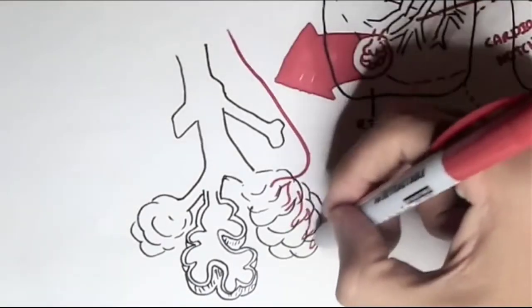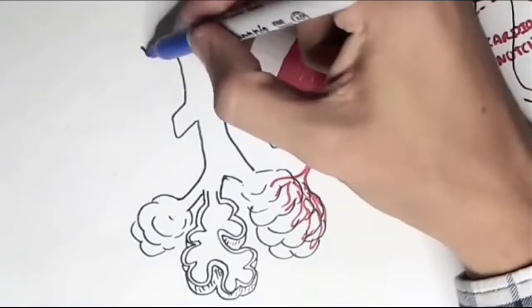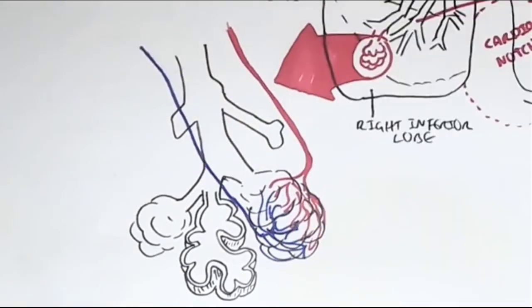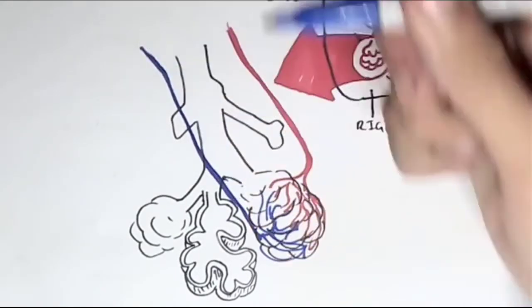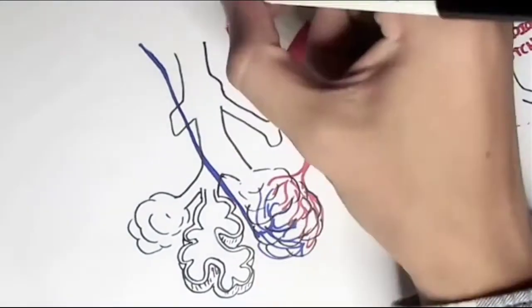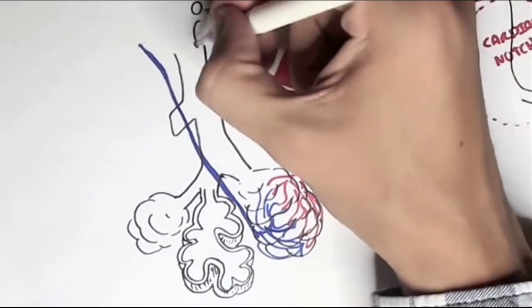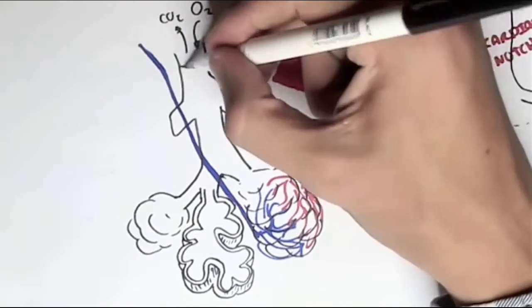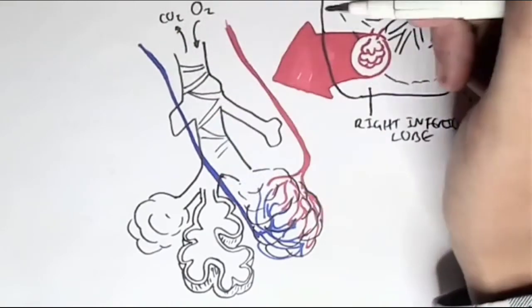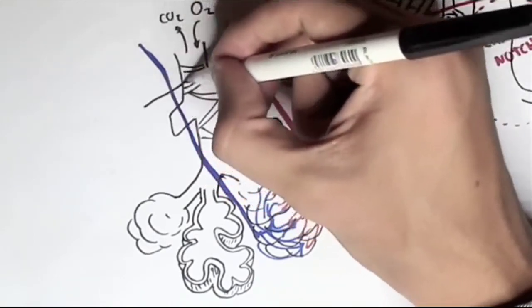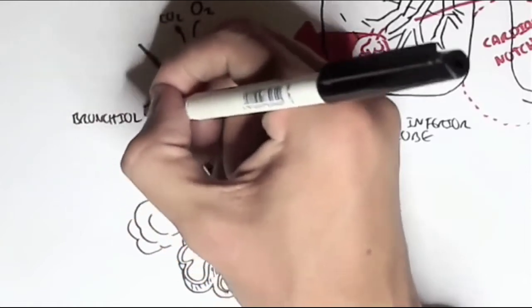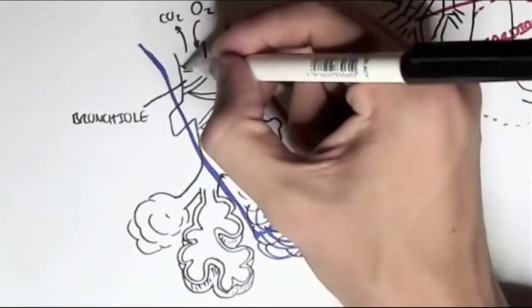The blue vessels are coming in, and the red one is going out. Red carries oxygen from these alveoli to the heart.